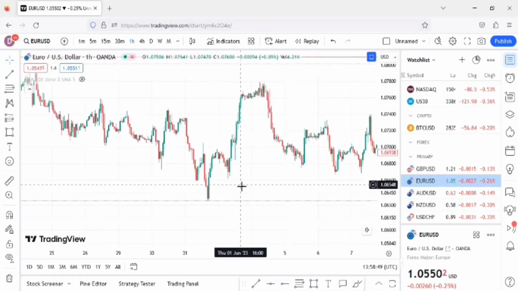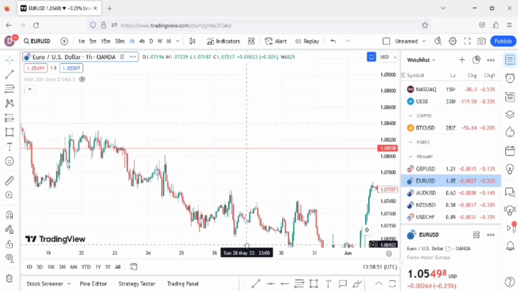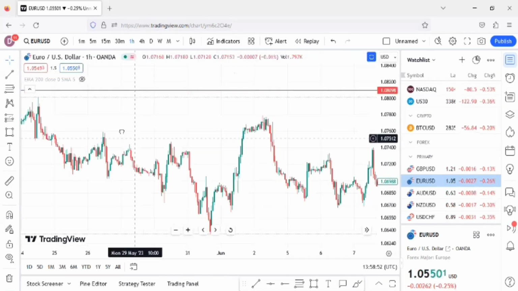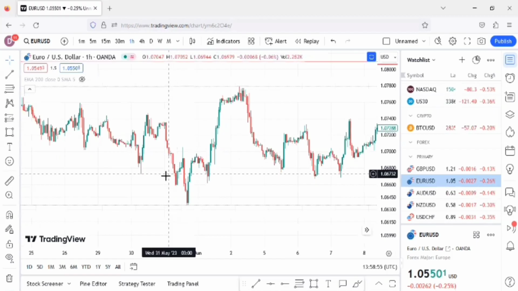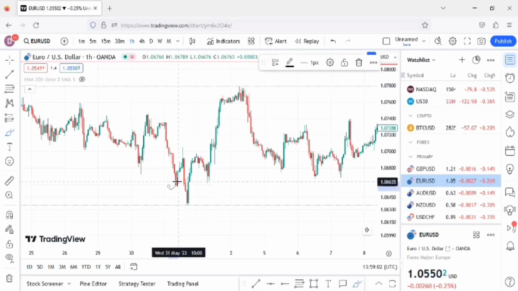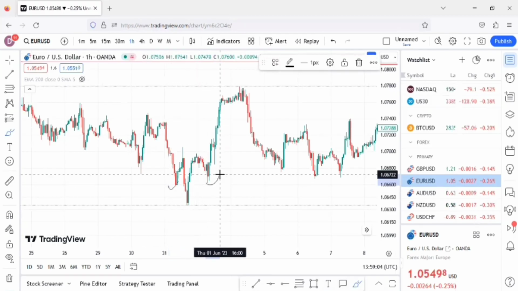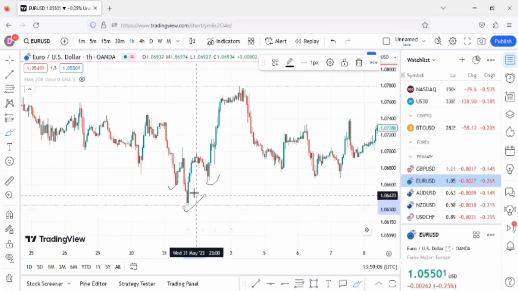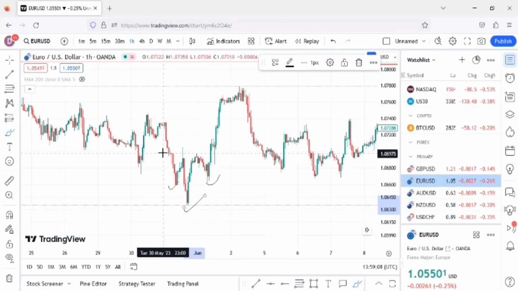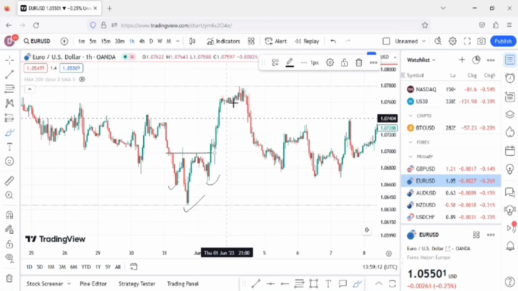For example, this is a head and shoulder. We are coming from a downtrend. At the bottom of the trend, you have your left shoulder here, your right shoulder here, and your head here. And this is your neckline. You can see after a break, what happened?